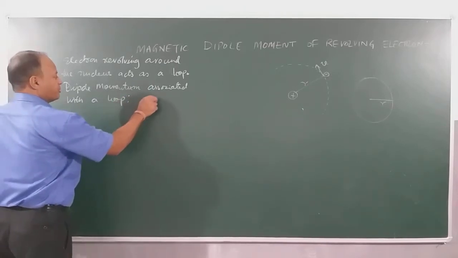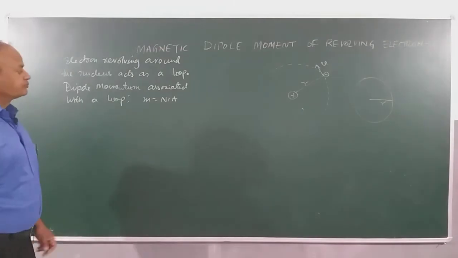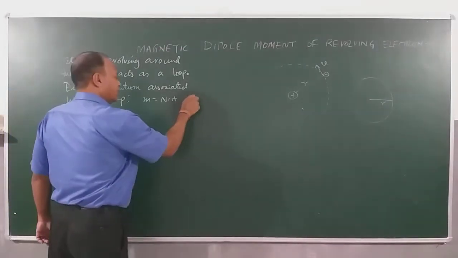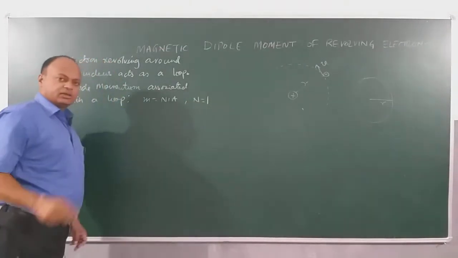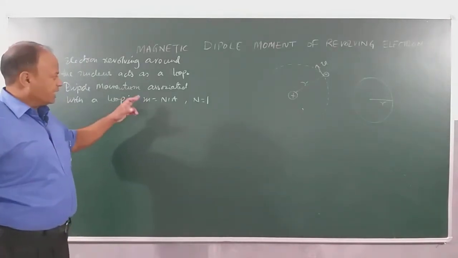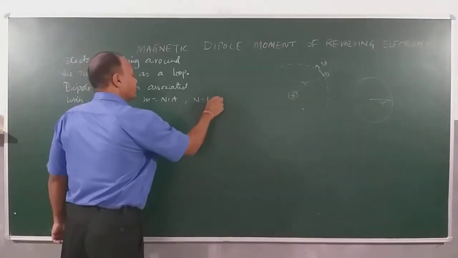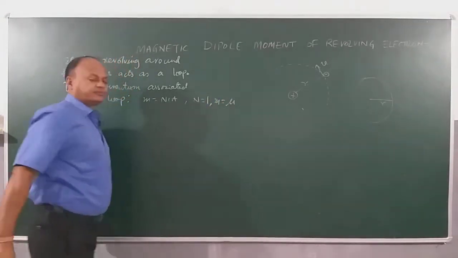We know M is equal to how much, children? NIA, right? So here we know N is 1, a single turn we'll assume, and M for the electron here will be denoted by mu.